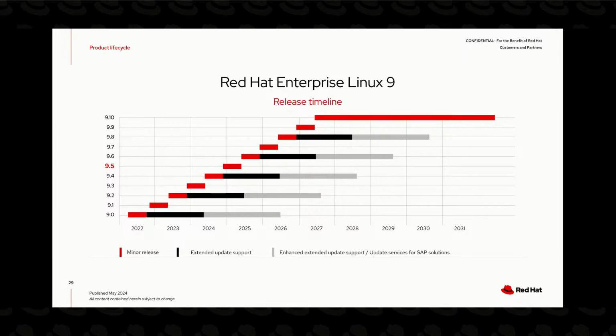So 9.4, if you have EUS or enhanced EUS add-ons and you subscribe to the right channels, you will continue to get critical and important security errata for those machines. 9.5, there is no extended update support for it. So your next extended update release will be 9.6 if you have those special channels of software.